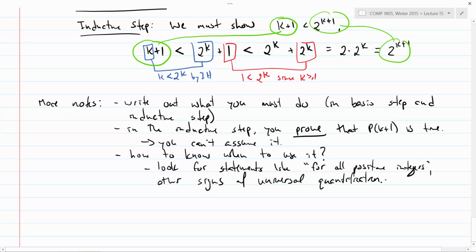And what's more, it's not just any universal quantification. It's universal quantification where if you tried just to pick an arbitrary element and do the proof, you probably wouldn't get anywhere. So if you tried to do it the way we've already seen, where you pick an arbitrary element and just try to prove it like that, and you sit down, you try really hard, you can't do it, then that's a hint that you might want to try induction.